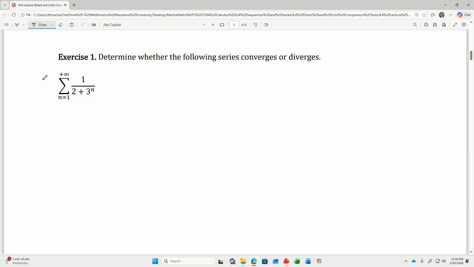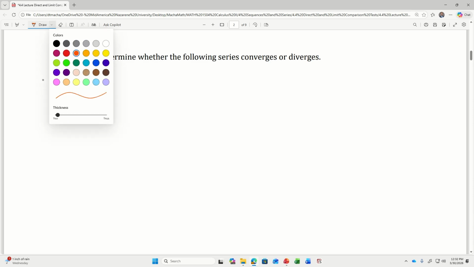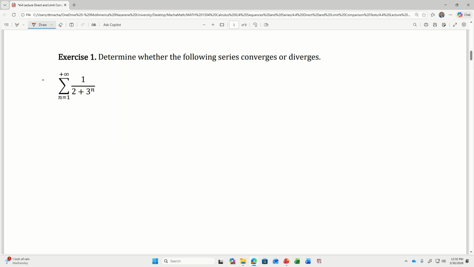So here's what that looks like. We say, determine whether the following series converges or diverges. Well, in this case, this is my series that I care about. So I'm going to call this An. And An is 1 divided by 2 plus 3 to the n power.